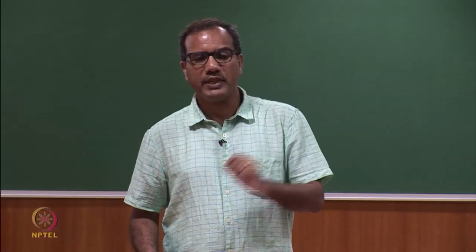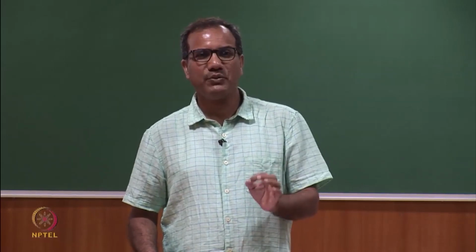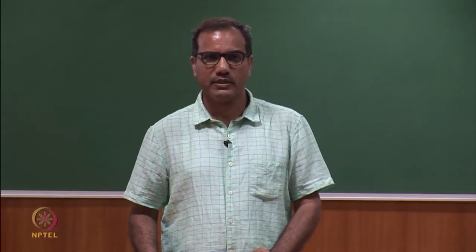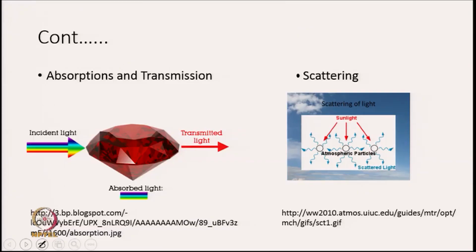The color of an object can be due to absorption and transmission. So, this particular gem looks red because it transmits the red color.